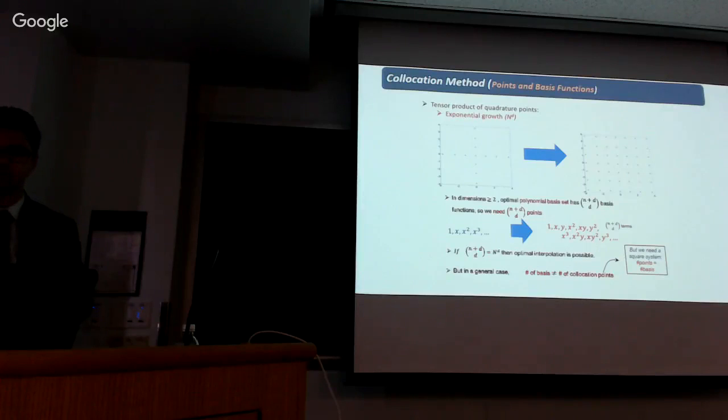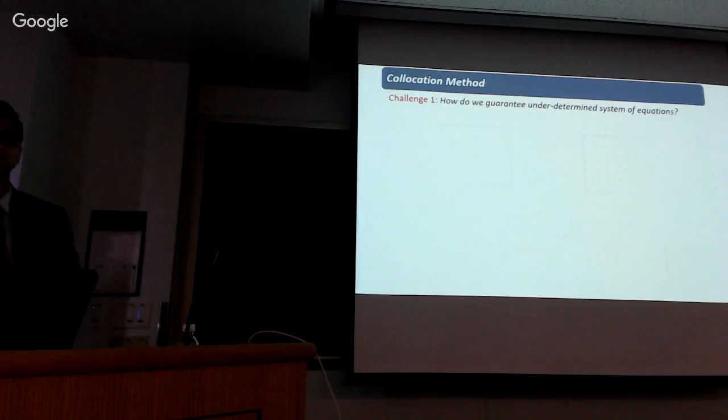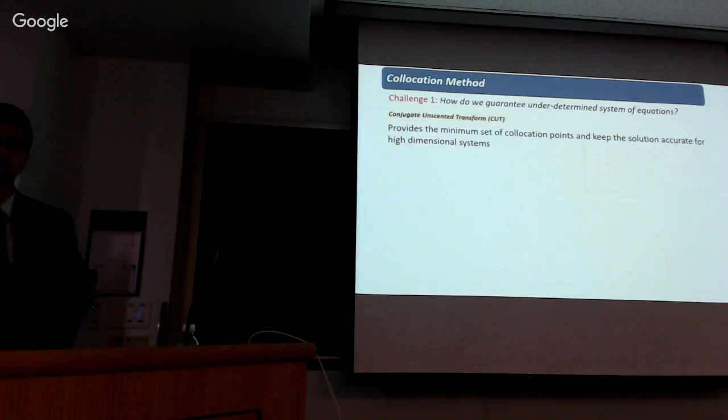How can I guarantee that my system will be underdetermined? If I use the least number of collocation points, then I will have an underdetermined system. Yesterday, Dr. Singla introduced the conjugate unscented transform, or briefly CUT methods, to produce the least number of collocation points.